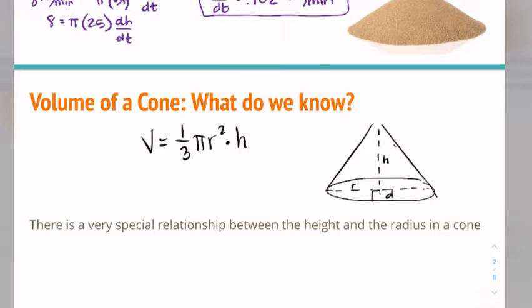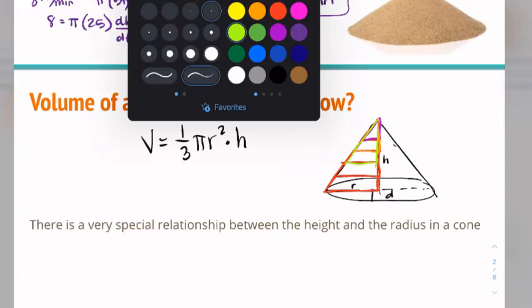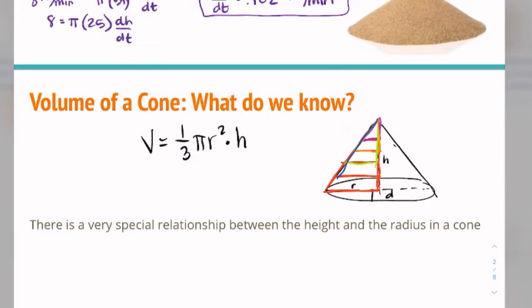I know that if this is a right triangle right here, as my triangle gets smaller and smaller, or bigger and bigger, all of these triangles are going to be similar to each other. So I know that these are all going to be similar triangles here.